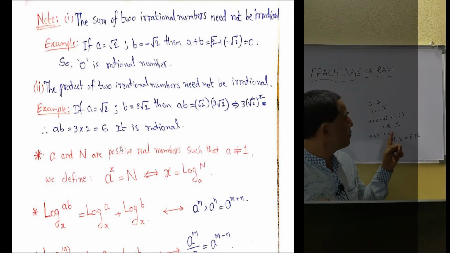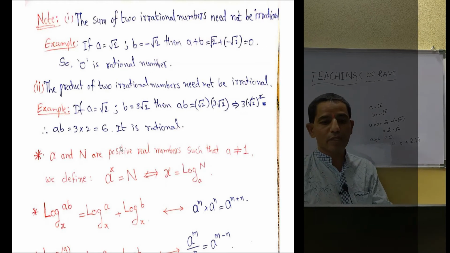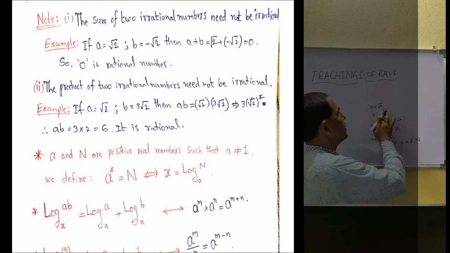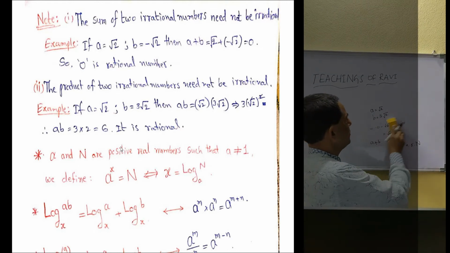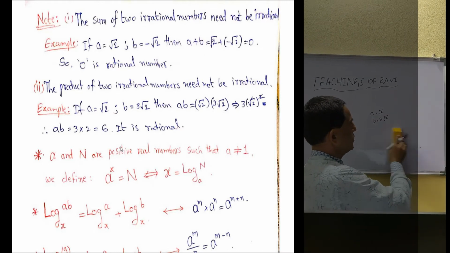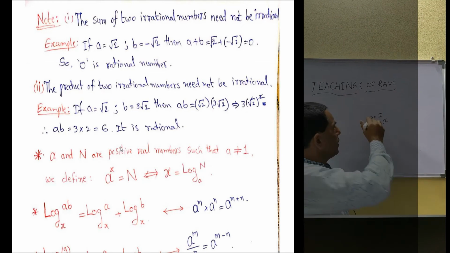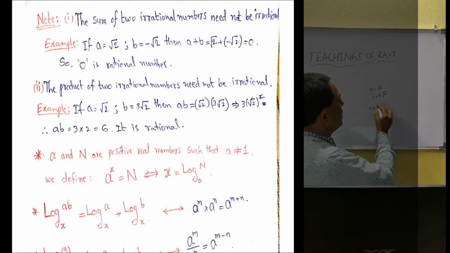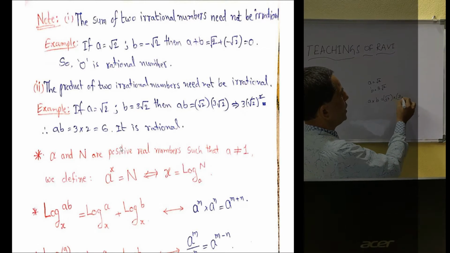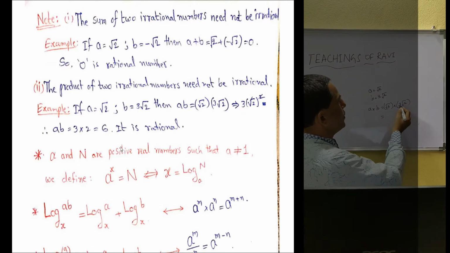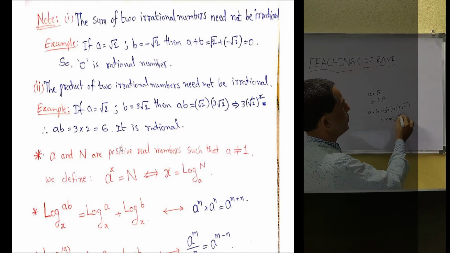Next, the product of two irrational numbers need not be irrational. Example: a = root 2 and b = 3 root 2. So a into b = root 2 into 3 root 2 = 3 into root 2 whole square.